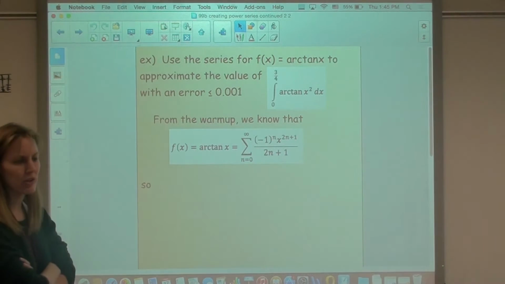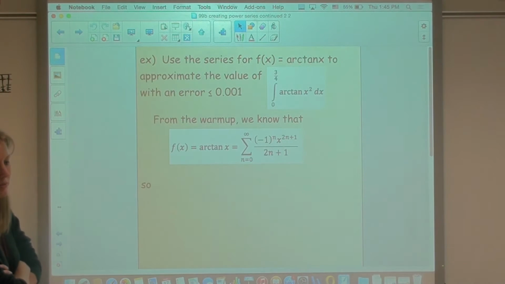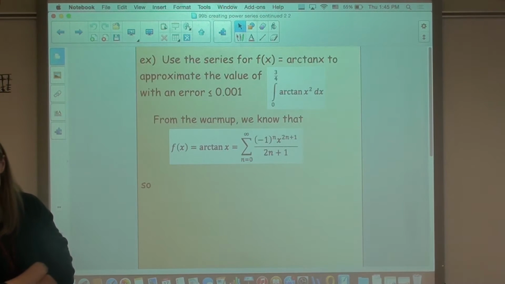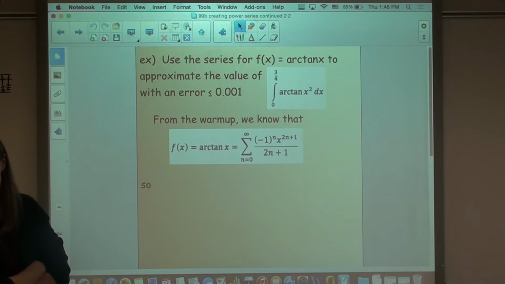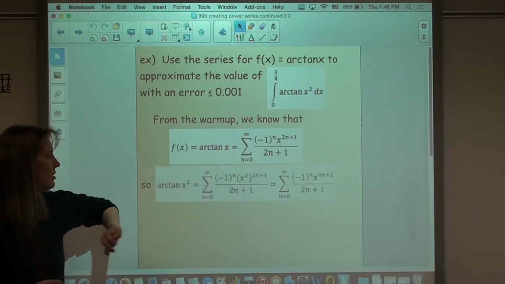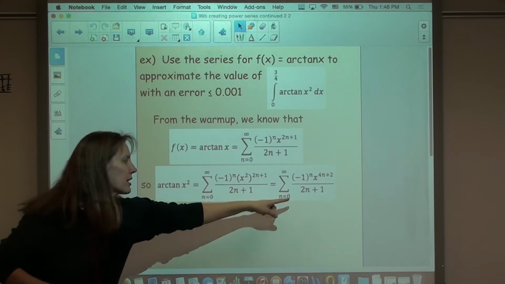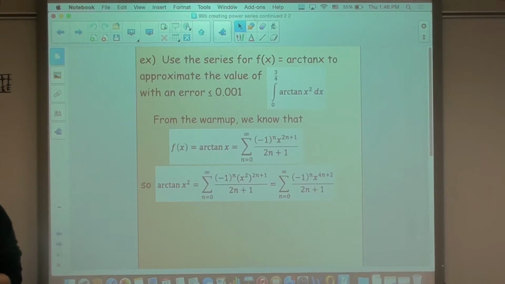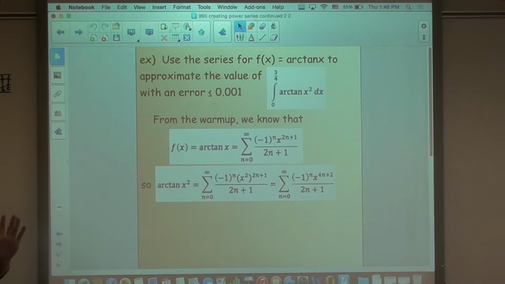Everyone got it? Check your answers against each other's. Make sure they match. Do you all have something that looks like that? Why would you multiply the 2n plus 1 by 2?